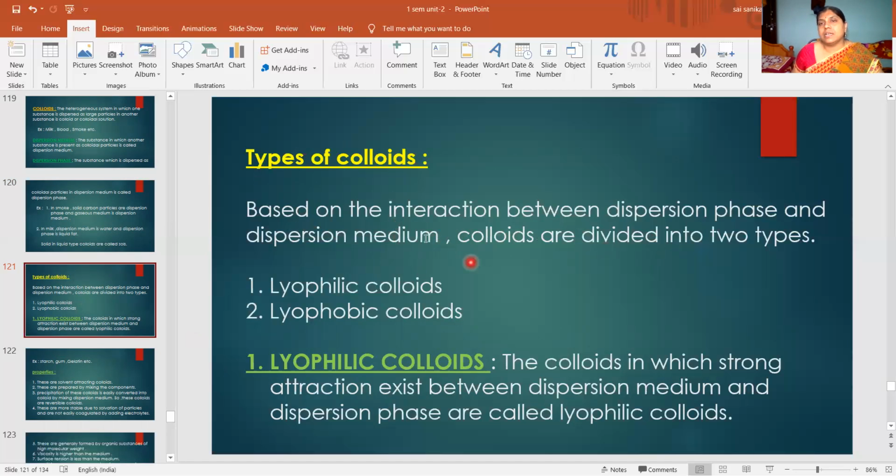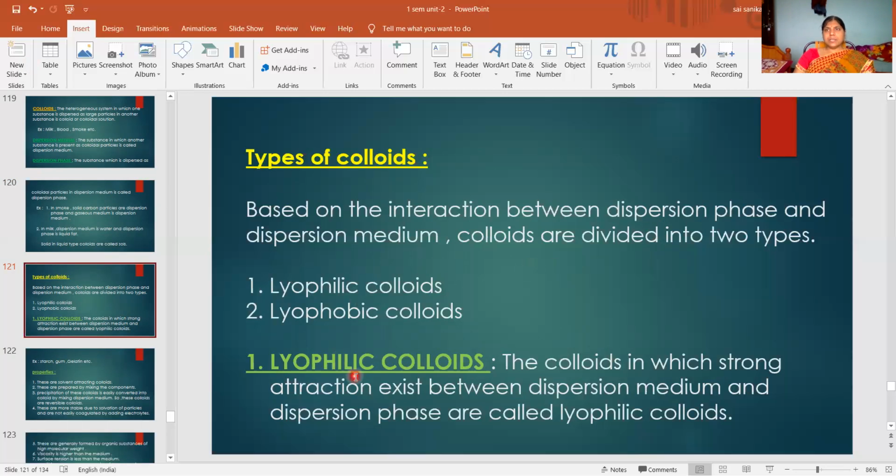So based on that interaction, colloids are divided into how many types? Two types. The first one is lyophilic colloids and the second one is lyophobic colloids. Now we will see what lyophilic colloids and lyophobic colloids are.